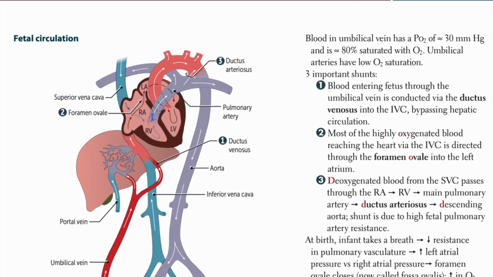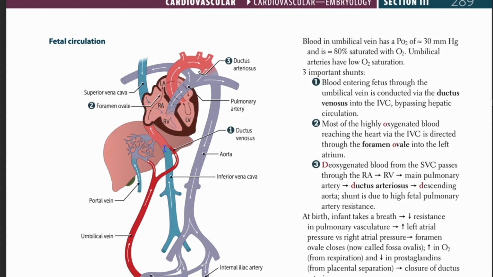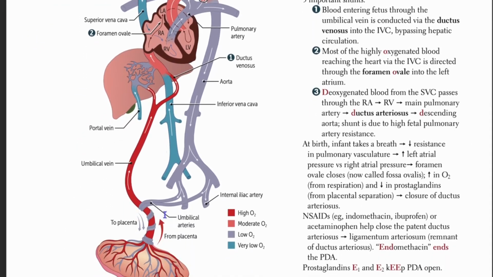Fetal circulation. So this is an important topic. The questions can come like: which vessel takes out the deoxygenated blood from the fetus, or which one brings in the oxygenated blood from the mother, or which artery travels through the fetus that carries the oxygenated blood, or vice versa.